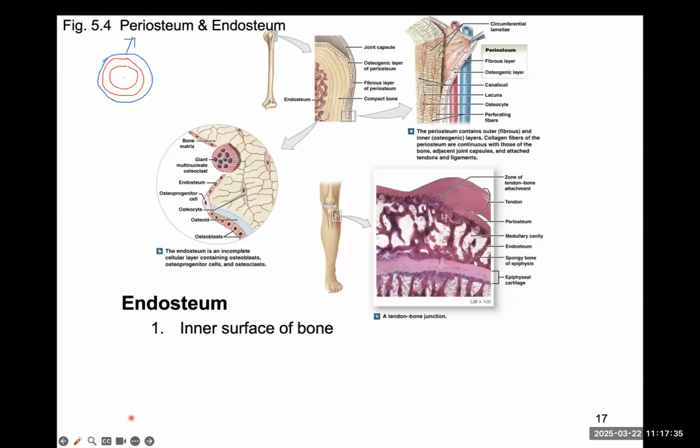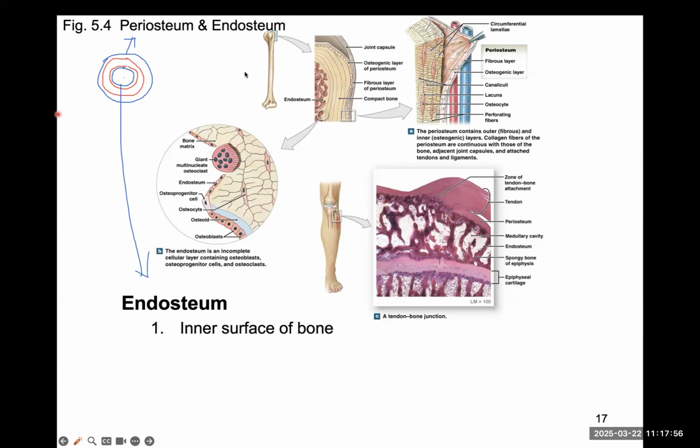On the other side of this, so this is periosteum, but on the inside, you have another layer called endosteum. It's the inner surface of the bone. So that's our cross section.